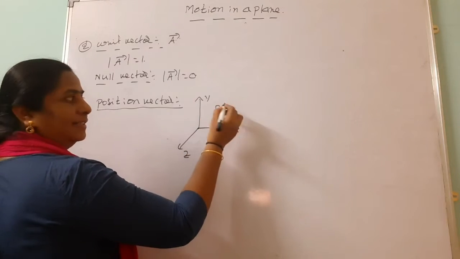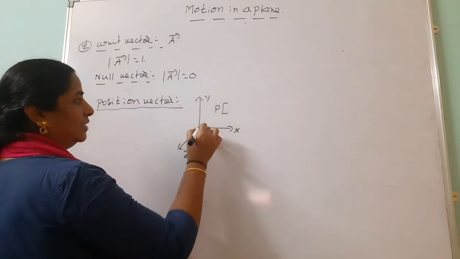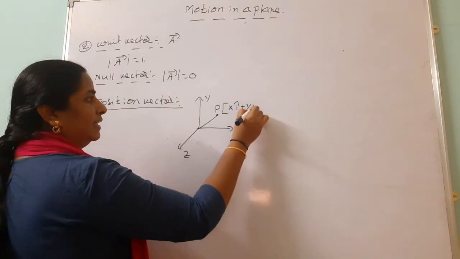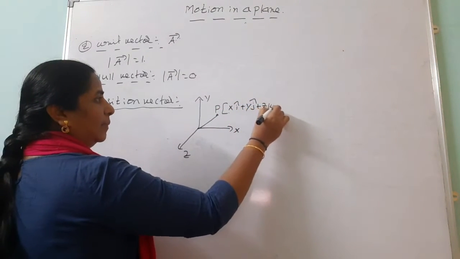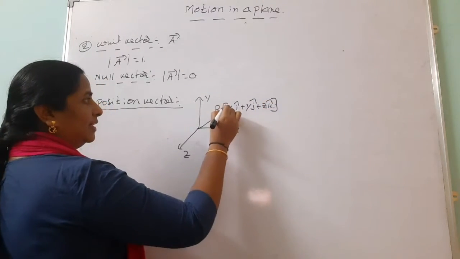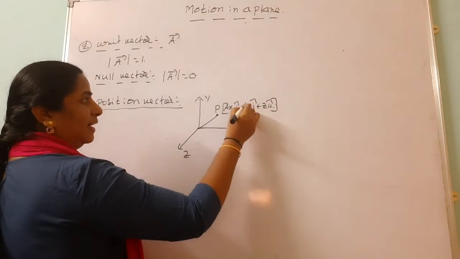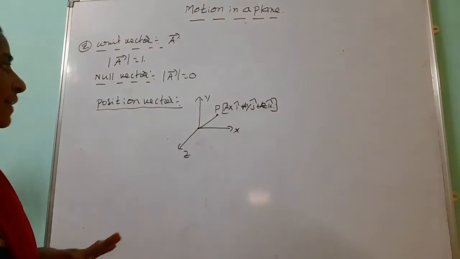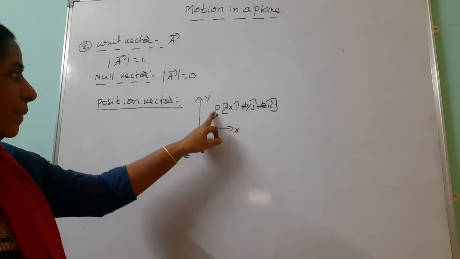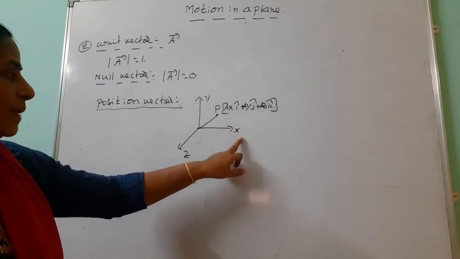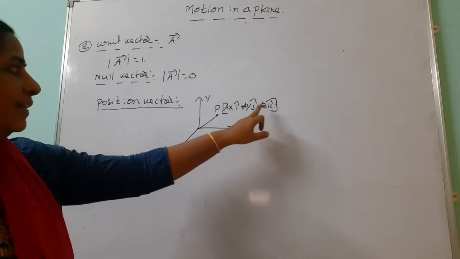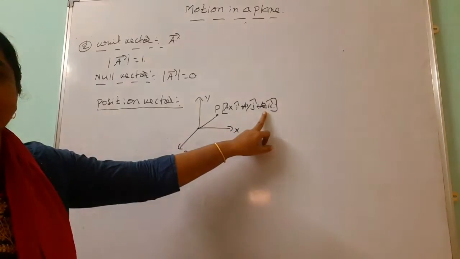If the particle is here, we can take how much distance from here to here: x i cap plus y j cap plus z k cap. Otherwise, if you consider this is the vector, a x i cap, a y j cap plus a z k cap. So this particle P, and that component with respect to x-axis is ax, with respect to y-axis is ay, and with respect to z-axis is az.